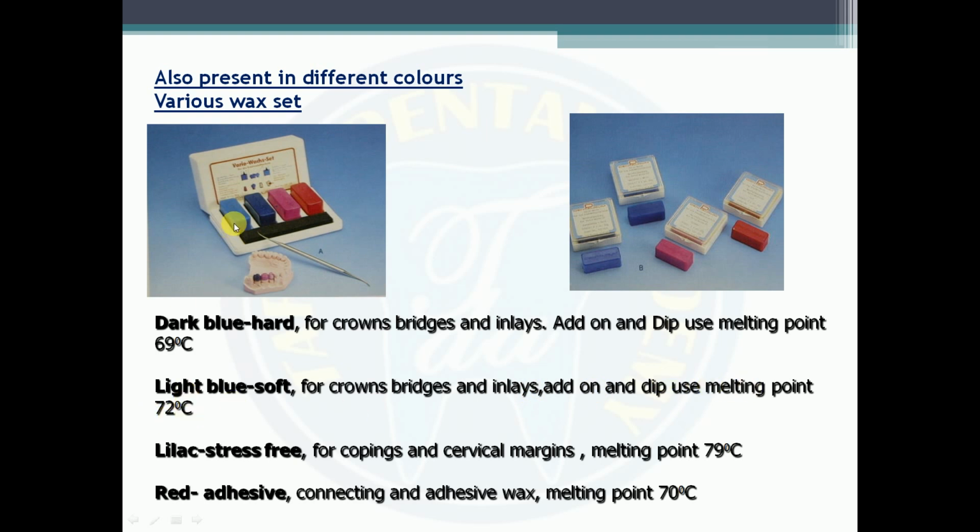Lilac, it is stress free for coping and cervical margins, and the melting point is 79 degrees Celsius. Now coming on to the red wax, it's a connecting and adhesive wax, with a melting point of 70 degrees Celsius. I hope it's clear to you.